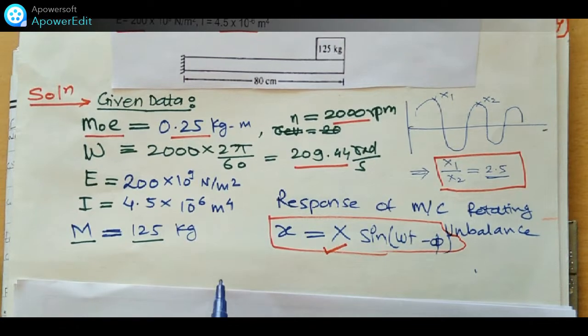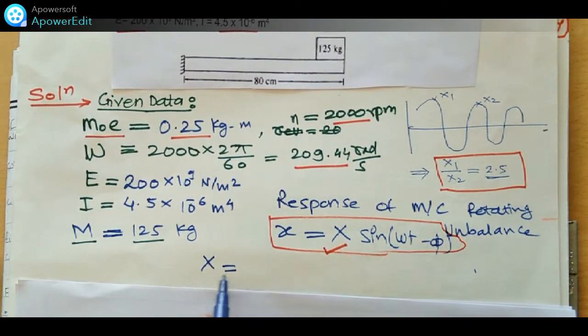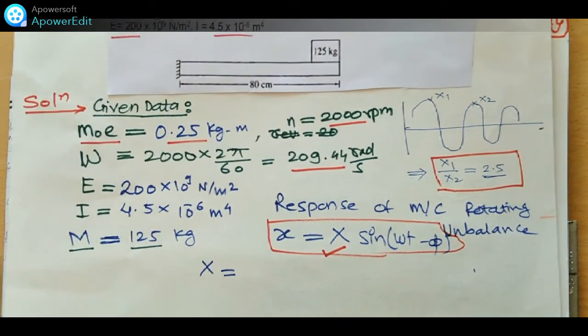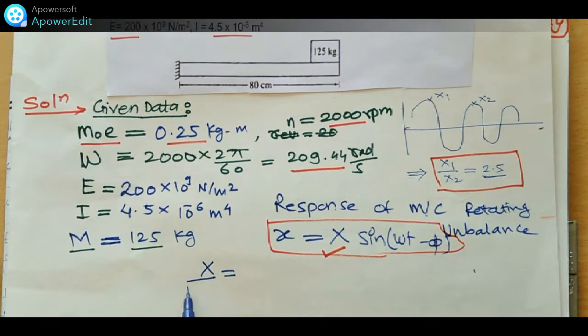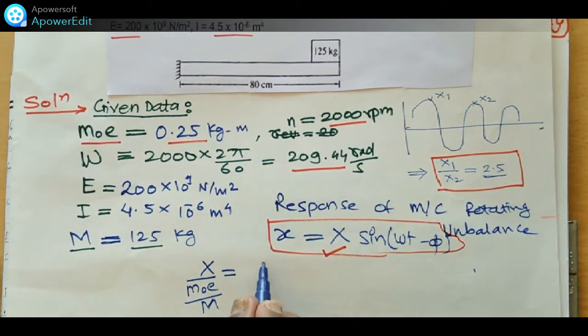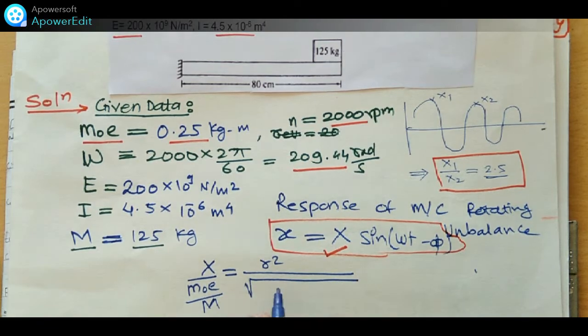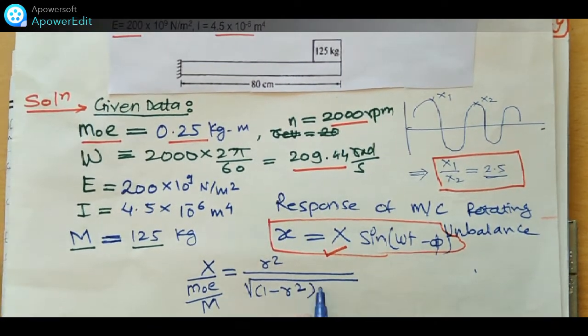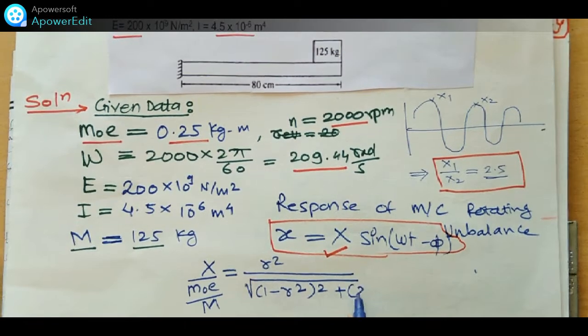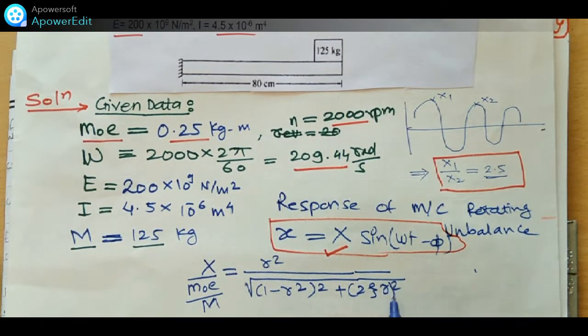By using this formula, x upon m0 e by capital M is equal to r square upon under root of (1 minus r square) bracket square plus (2 zeta r) square under root, and this is the bracket square.